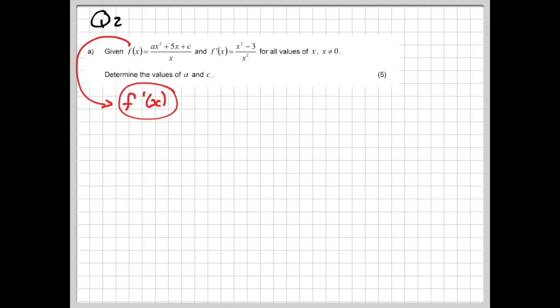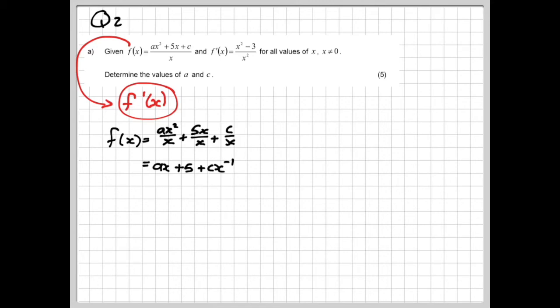Can I derive f(x)? The simple answer is no. Why not? Because there's that x in the denominator. So to divide that x away is going to be our first step. So I'm going to split up that expression and put each of the numerator's terms over x, which means f(x) is actually equal to ax plus 5 plus cx to the negative 1.